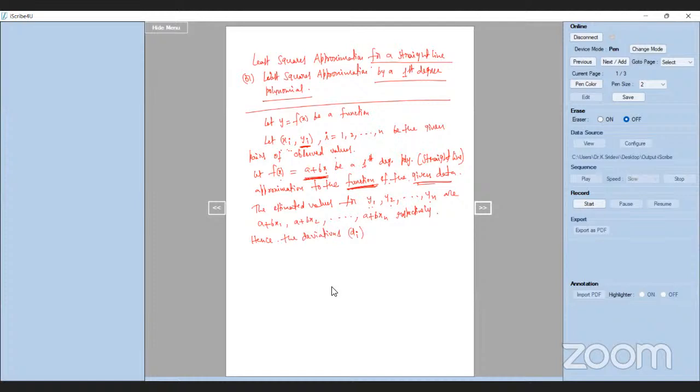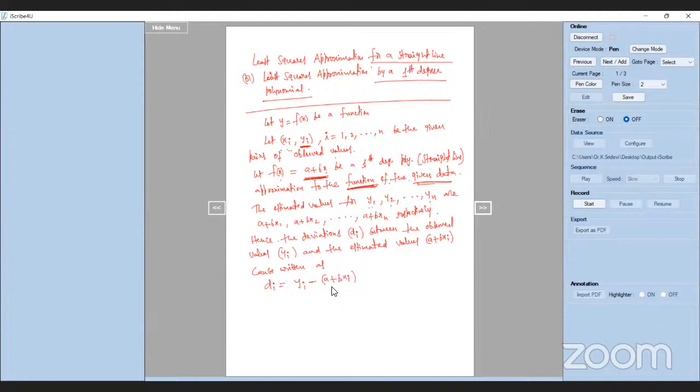So hence the deviations between the observed values y1, y2, and so on, yn, and the estimated values, a plus b xi, a plus b x1, a plus b x2, and so on, a plus b xn, can be written as di is equal to yi minus (a plus b xi).